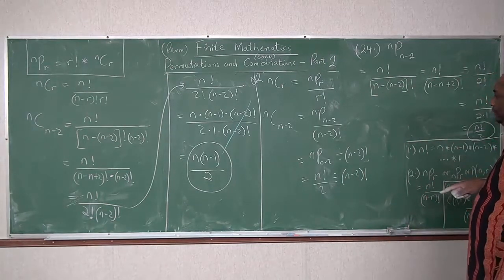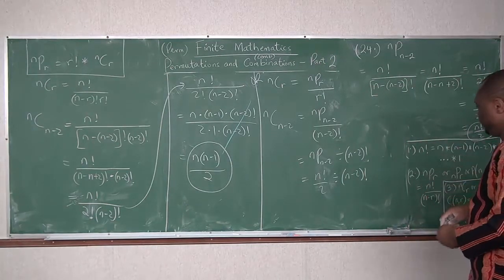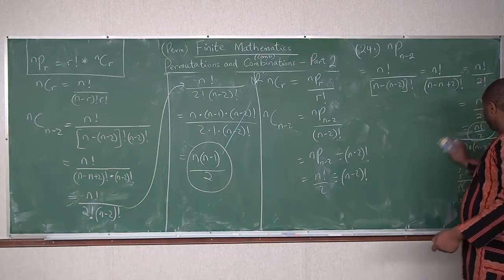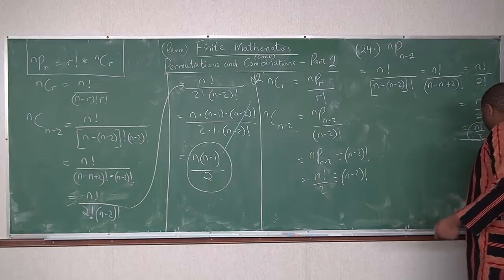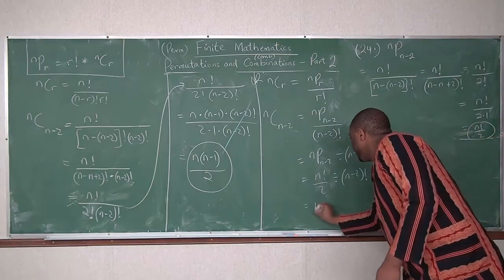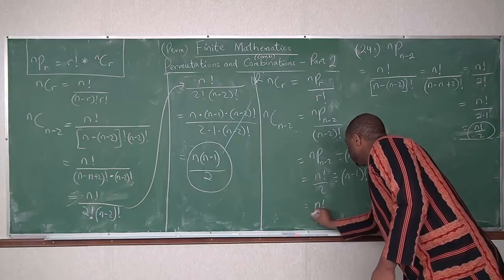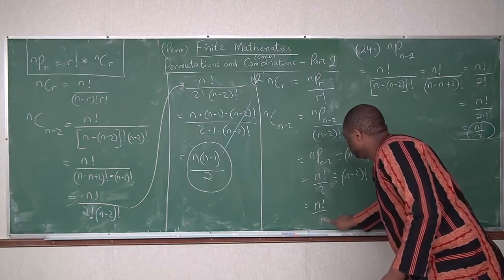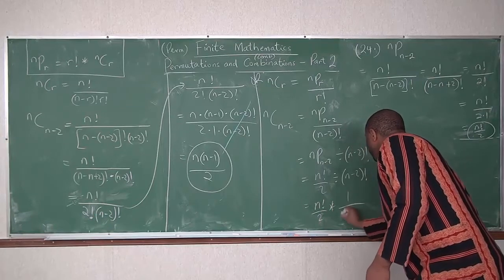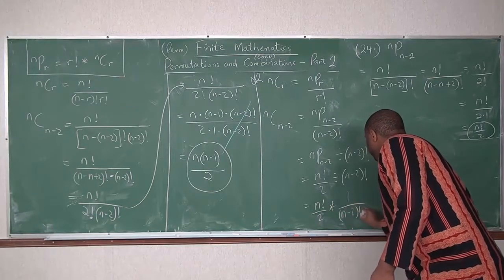Let's convert our division to multiplication. So what do we have? This will be n factorial over 2 times 1 over (n minus 2) factorial.